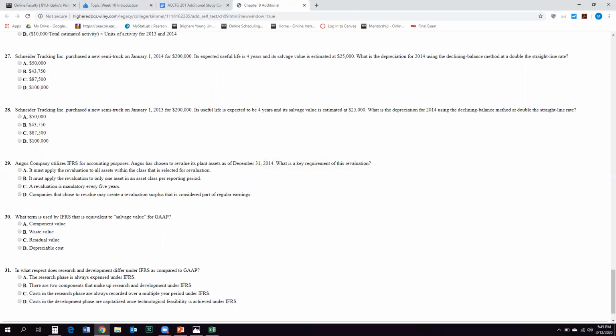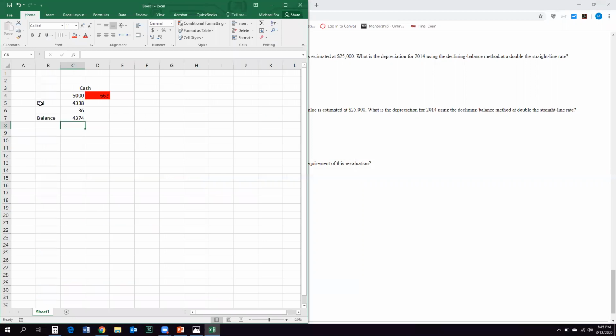So now the beginning book value of this asset is $200,000. And our declining balance rate is going to be 40%. So in year 1, the amount of depreciation expense for that year is going to equal the book value times the rate.